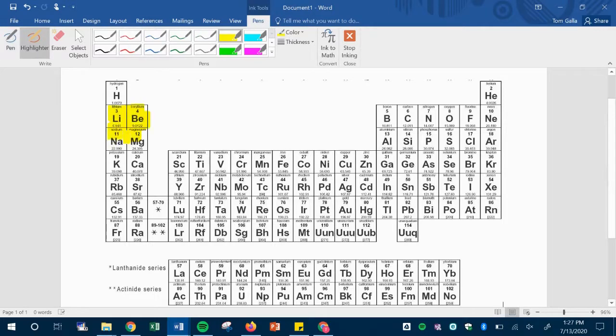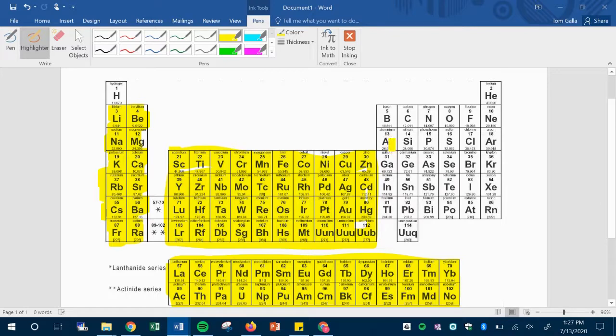include everything over here, everything through this middle section. So all of this, these are all of our metals, and then this bottom section. Now, in addition to these, there are some other metals that we need to label, and this is where we've got to be a little bit more careful.